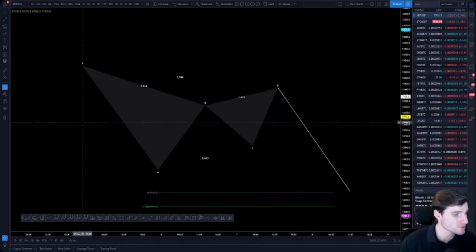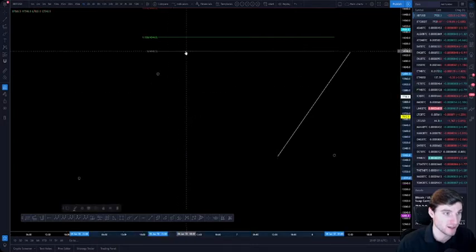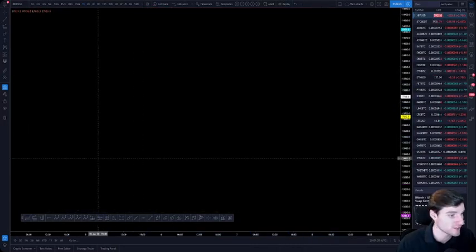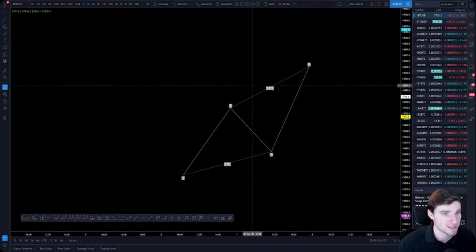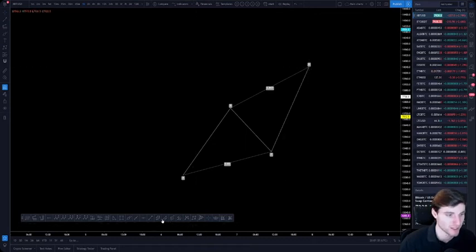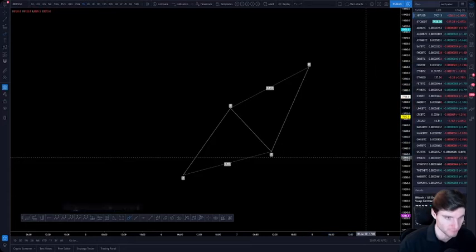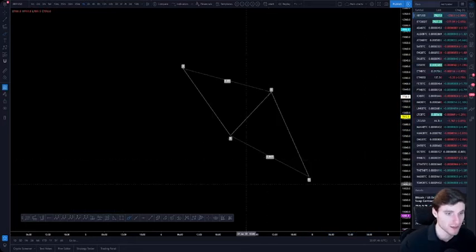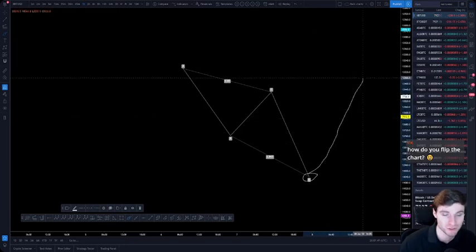That's what I wanted to mention earlier. But with the ABCD one, that was the question. So here, if you go A, B, C, D, this would obviously be a bearish harmonic ABCD because point D is at the high and you look to short that down. And if it looks like this, point D is at the lows, this is a bullish harmonic pattern and you would look to trade that higher.